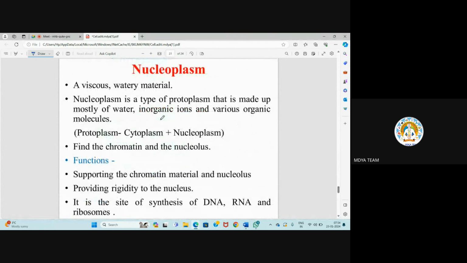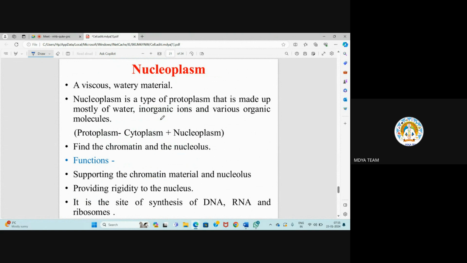A viscous watery material we have learned in cytoplasm. It was also a viscous watery material inside the cell in which all cell organelles are floating. Like that only inside nucleus, a viscous watery material is present, that is known as nucleoplasm, in which these chromatin materials are floating. Nucleoplasm is a type of protoplasm that is made up mostly of water, inorganic ions, and various organic molecules.